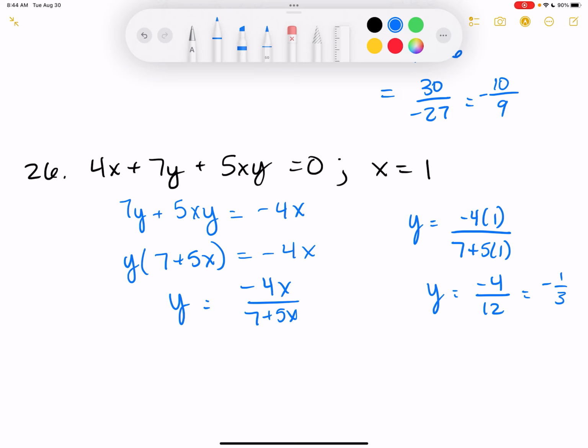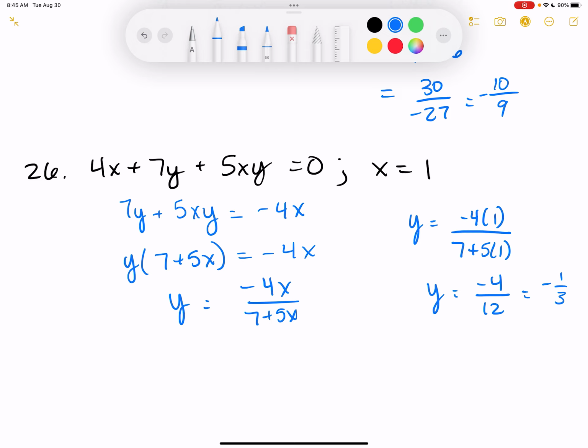Alright, do we get an answer? Alright, so what do we have for y equals? When you solve for y, what'd you get? 1/3. Positive or negative? Negative. Okay. What did you get for your y equals with the x still in it?